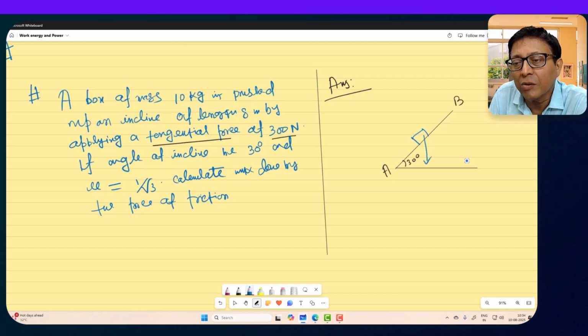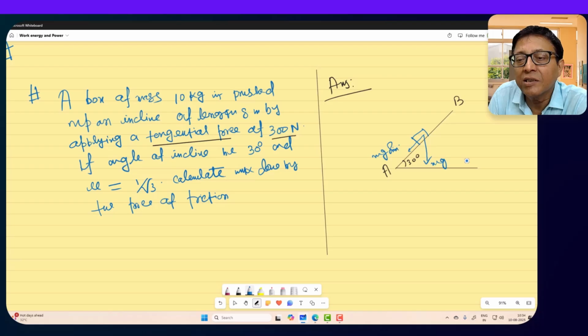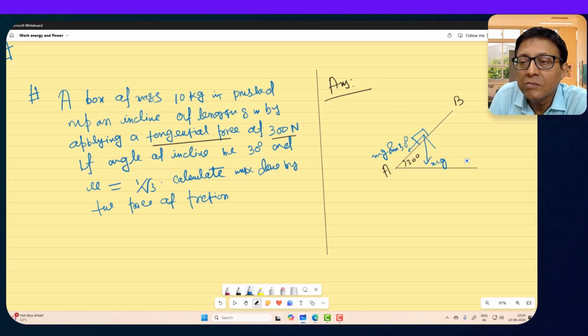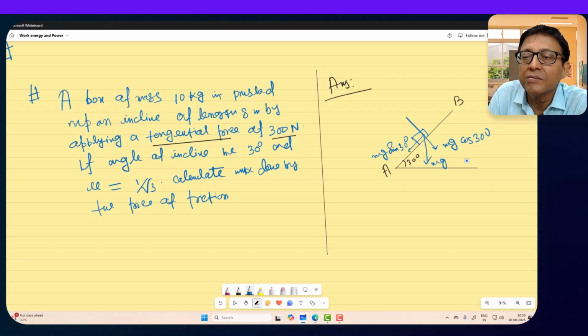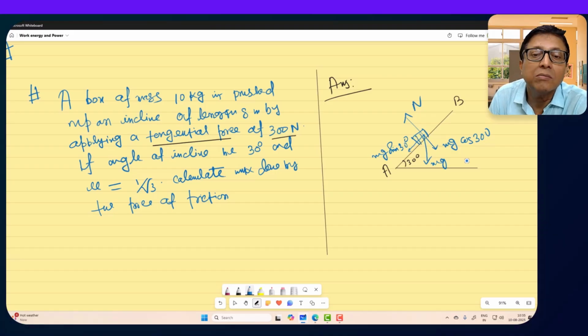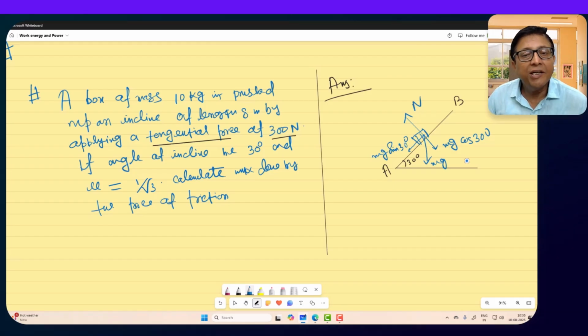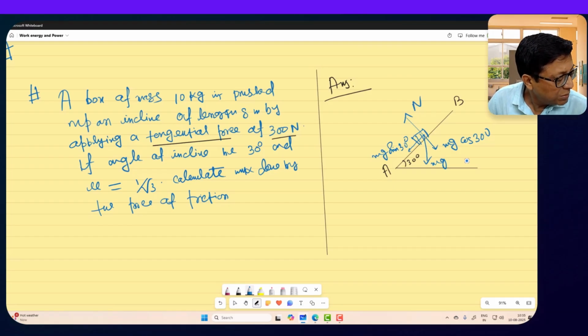Force mg acting downward, with components mg sin 30 and mg cos 30, and this is the normal reaction. You are simply pulling it upward by the force which is given by 300 Newton. Okay?